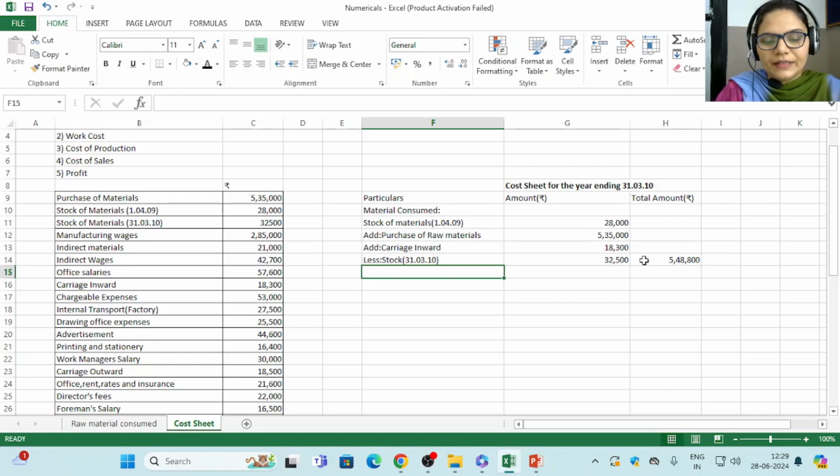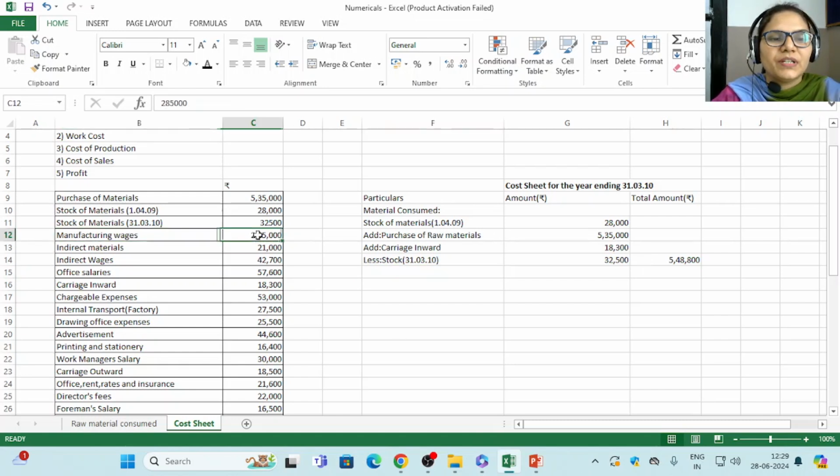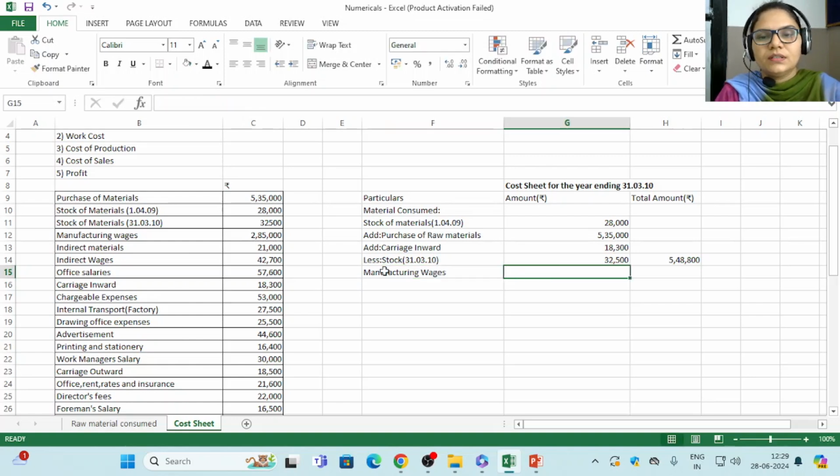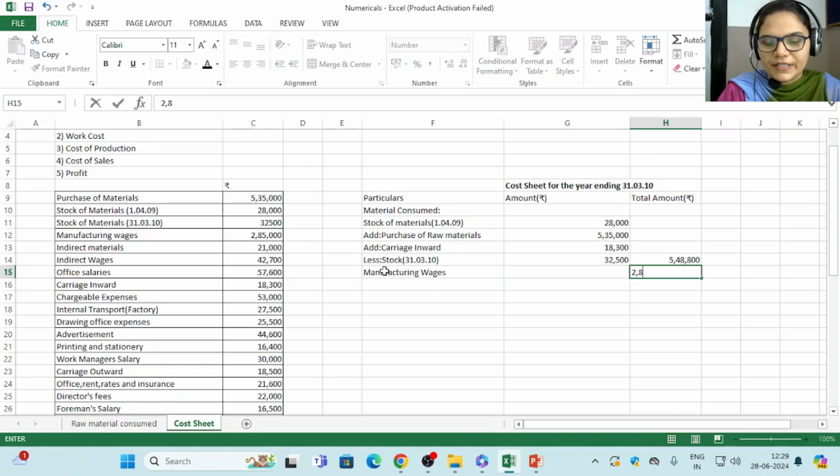Now we will add manufacturing wages. We can see manufacturing wages over here. As we have discussed in the previous session, manufacturing wages are your direct wages. They will be shown over here, so that you can finally get the total amount here.